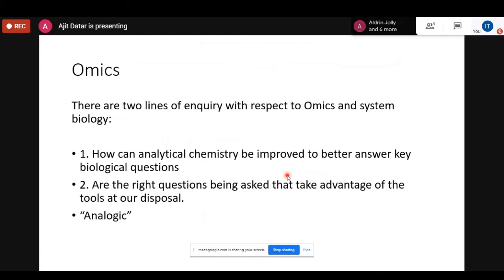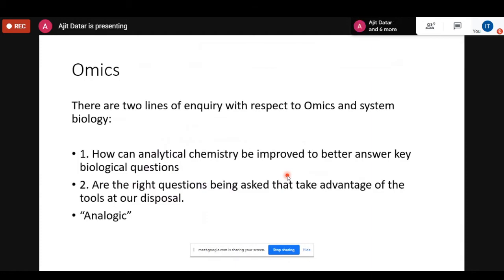And for that, a good knowledge of analytical chemistry is required, a good knowledge of biological sciences is required, or there have to be two good people who will be sitting together and trying to look at the problem which one is facing, understanding both the things properly, and then try to sort out the issues. That has to be done.